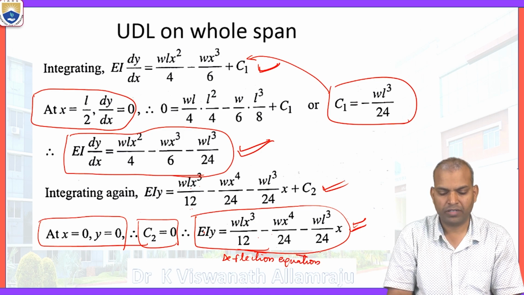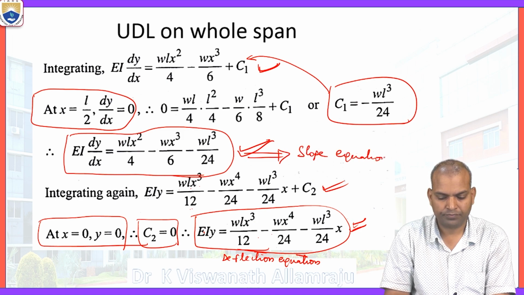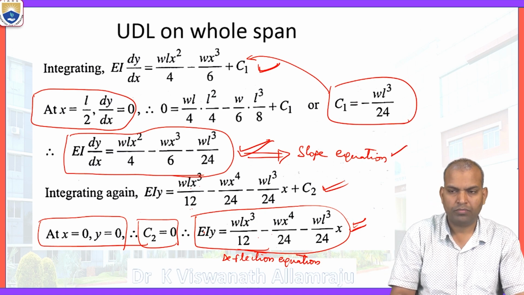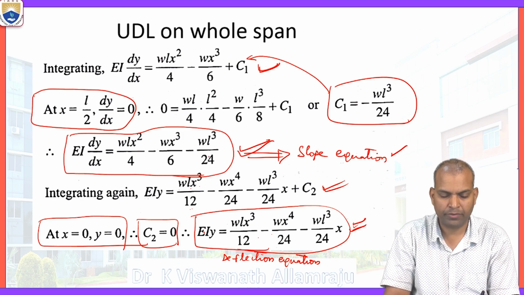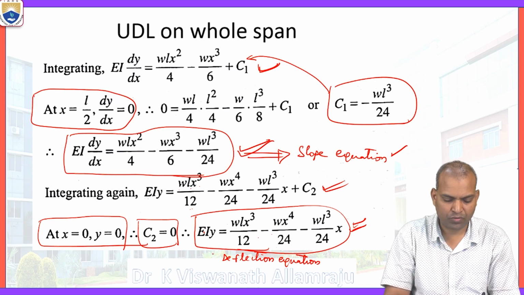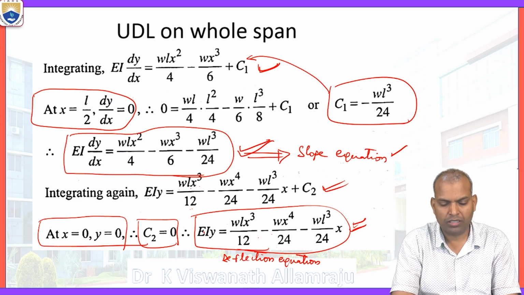This is the deflection equation, and here is the slope equation: EI dy/dx equal to wLx²/4 minus wx³/6 minus wL³/24. These two equations are important in order to find out the slope and deflection values at various values of x.